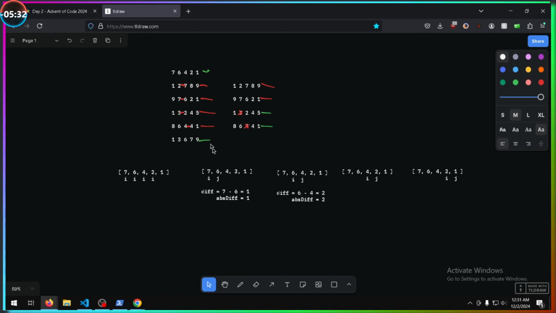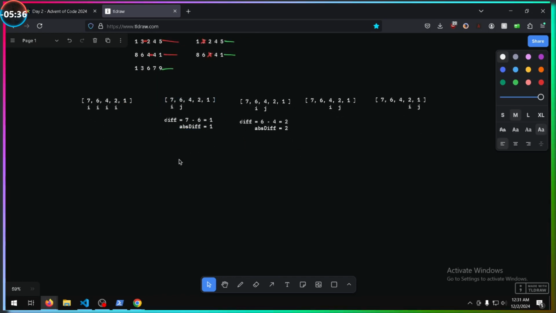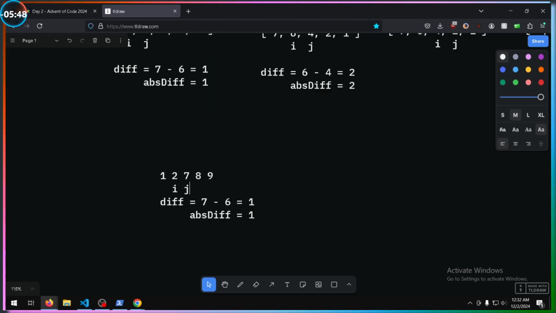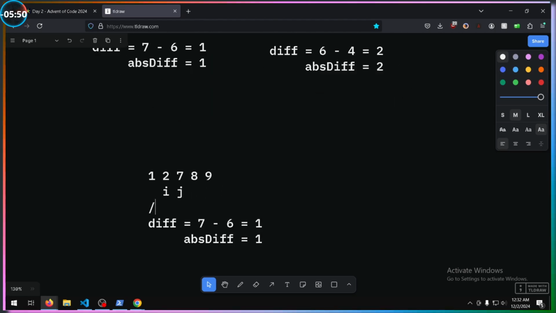And now I'm going to run this on an actual failure one to see that outcome. I and J. So at this point we have direction is ascending.